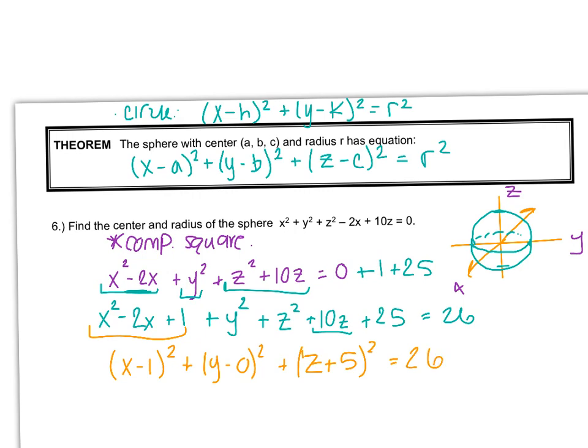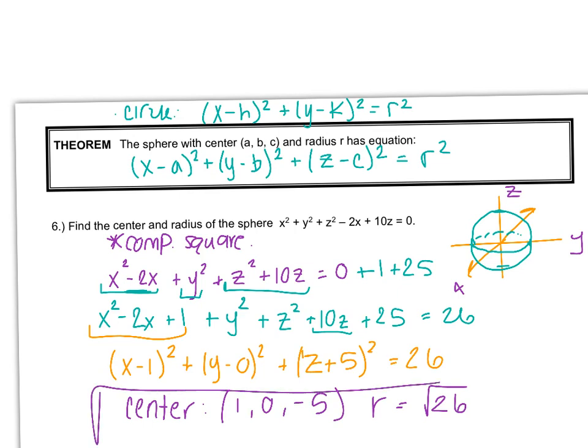So now when we're talking about the center of this sphere, it's centered at (1, 0, −5), and has a radius of the square root of 26. So these problems you can expect to see. You may need to practice that completing the square process again, but hopefully this time around it's a little more natural and you can remember that process as you go.